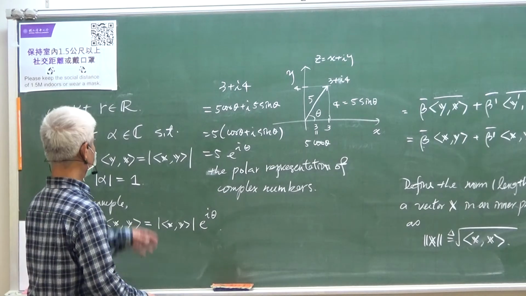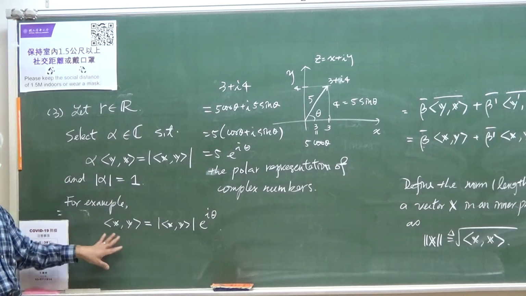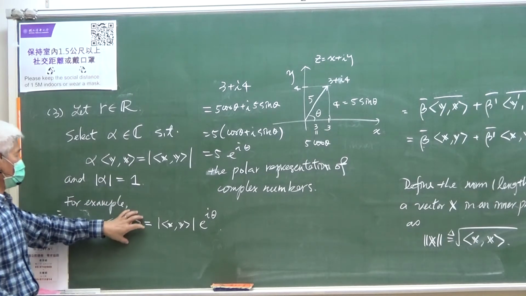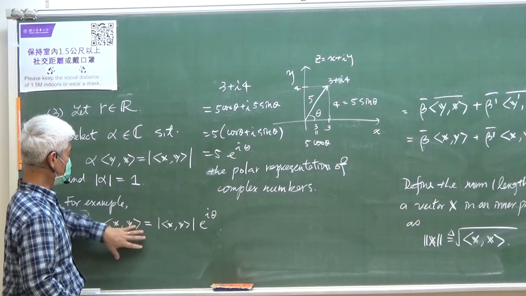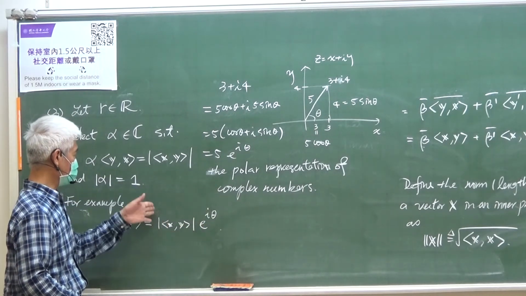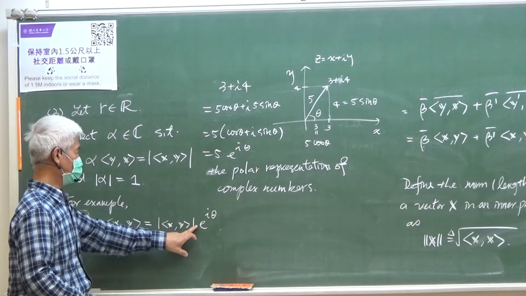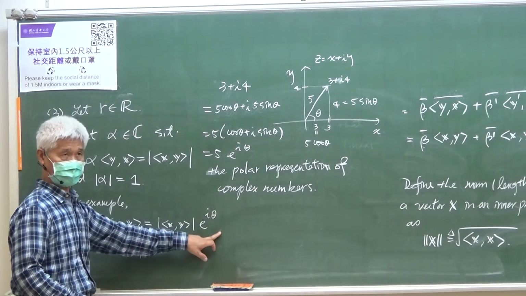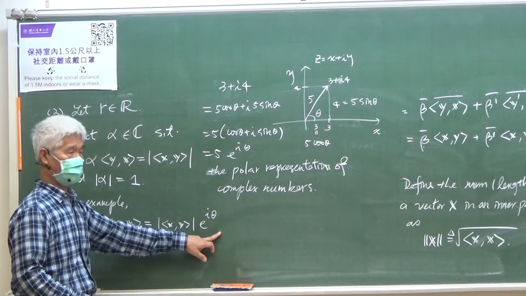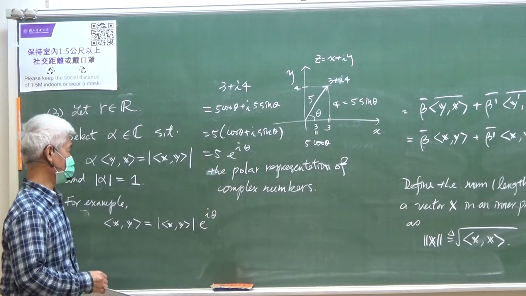So any complex number, this inner product is a complex number, can be represented by the polar representation. This is the absolute value of the complex number, multiplied with the phasor, because e to the i theta is cosine theta plus i sine theta.